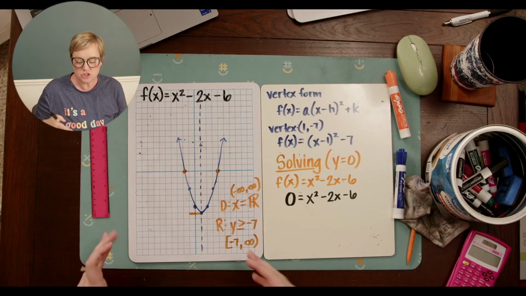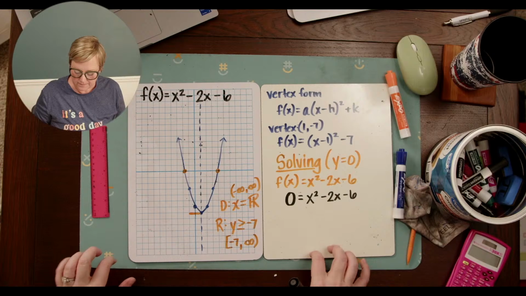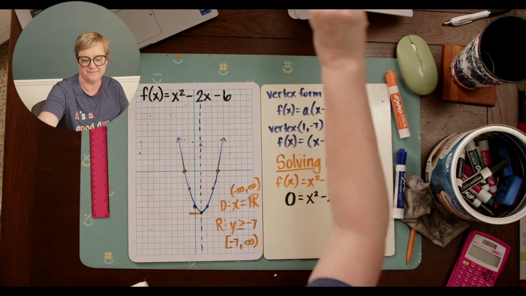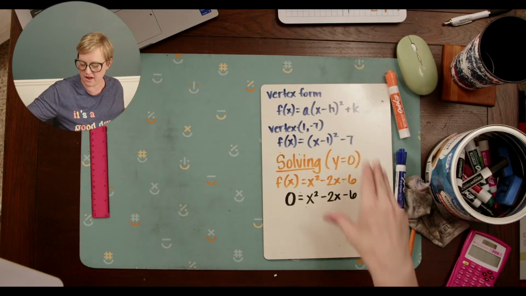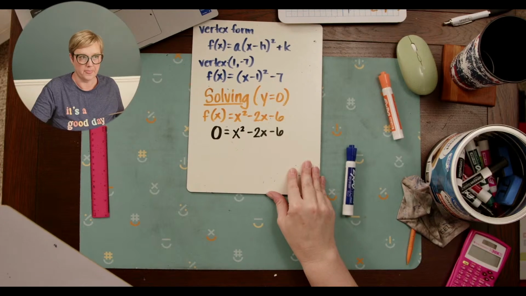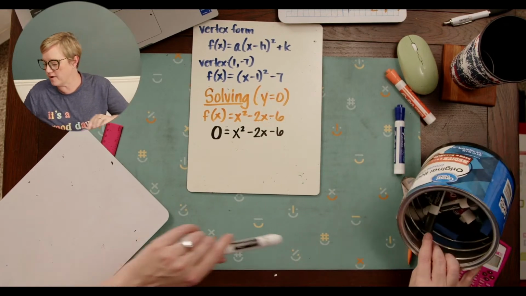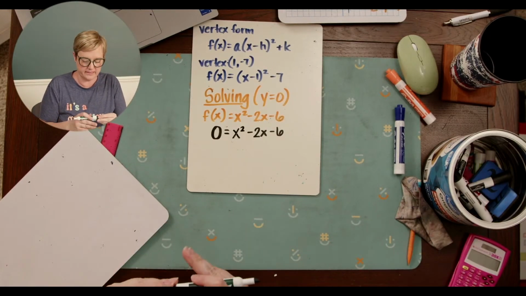All right, so let's do quadratic formula first. And then I'll show you completing the square. I'm going to put this off to the side for now. Okay, so the quadratic formula, everybody pull that song out from the back of your mind.